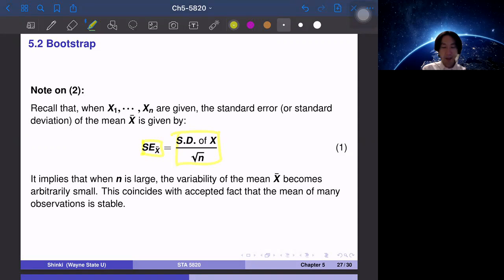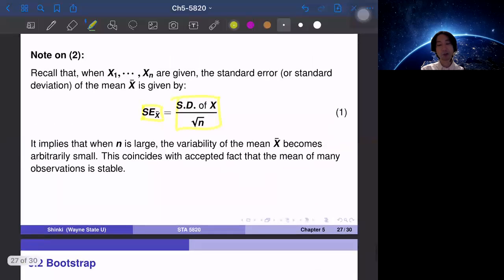But in general, this kind of theory is difficult. This is a very simple situation where we just have n independent observations and take the sample mean. But if we do linear regression or logistic regression and estimate parameters, and maybe some observations come from the same individuals, if the situation is more complicated, then usually we don't have the theory to calculate the standard error of the estimated parameter.